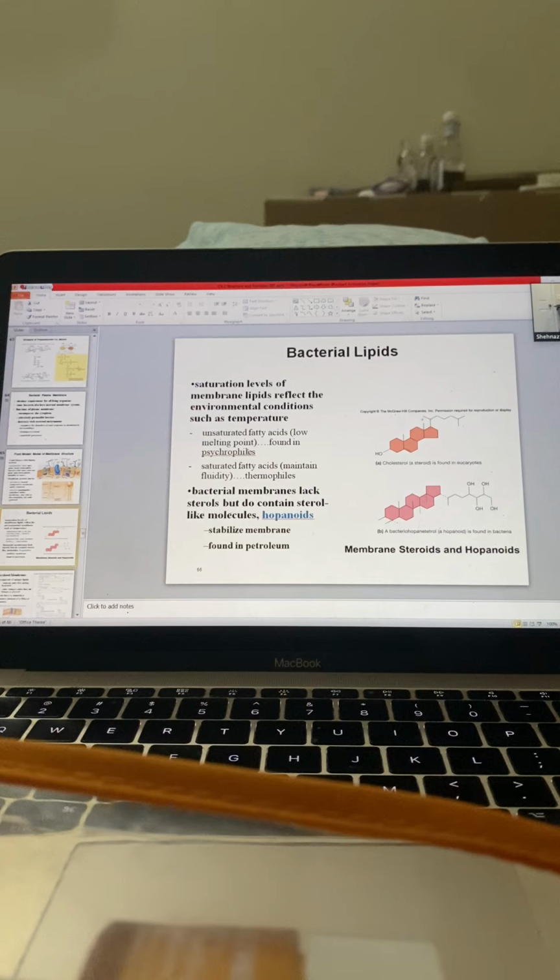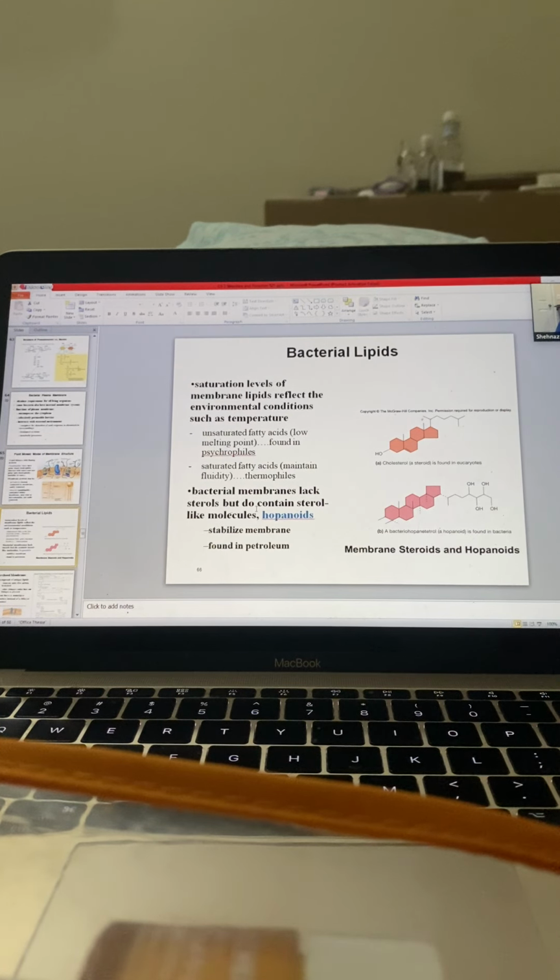Whilst thermophilic bacteria, which can tolerate high temperatures, will have more saturated fatty acids that will maintain their fluidity in the high temperature environment. These differences are seen based on which type of microbe you're looking at, so membrane lipids differ in different types of bacteria in terms of saturation of the fatty acids.